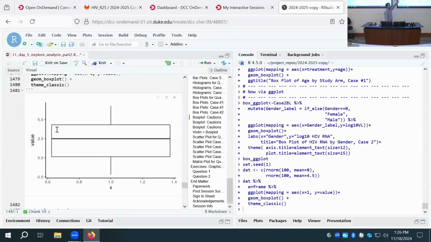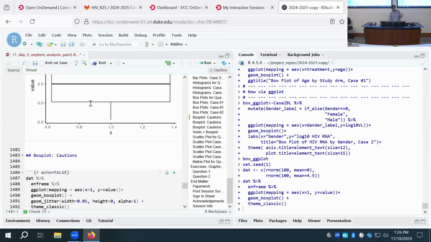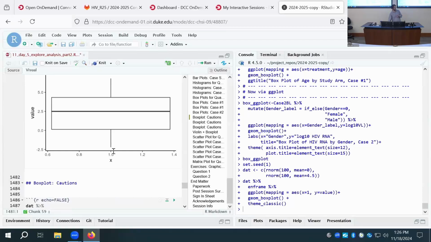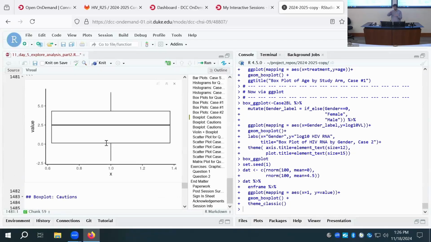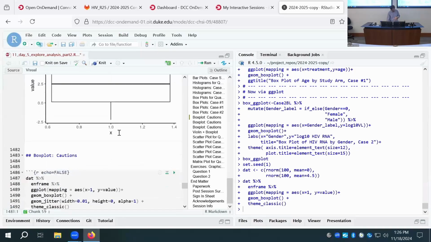But it's not going to be able to pick up on a bimodal distribution in the data. In this example, half of the data has mean 0 and half has mean 4.5, and that's just going to come out in a wash and look potentially symmetric.